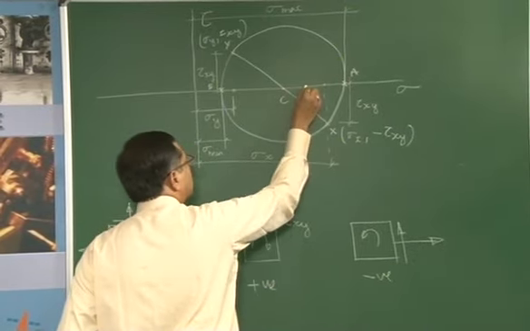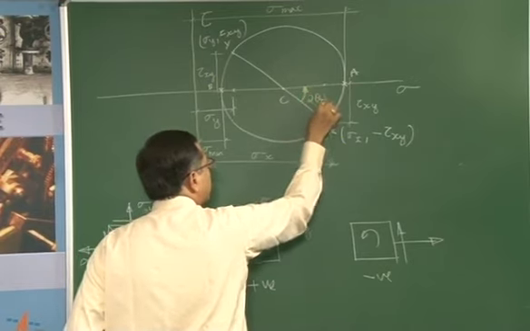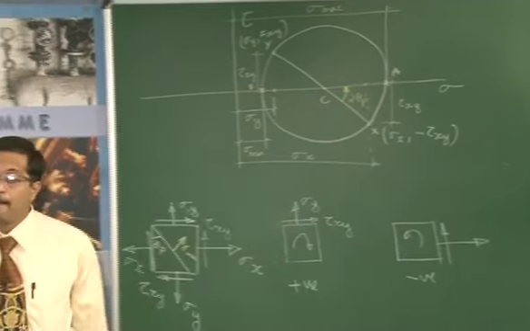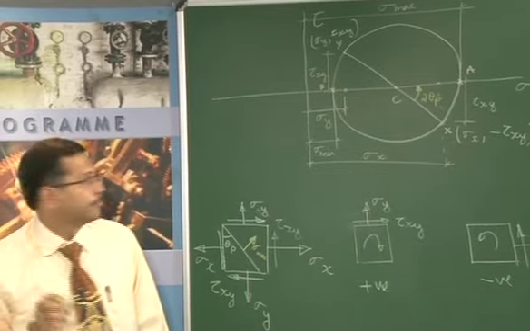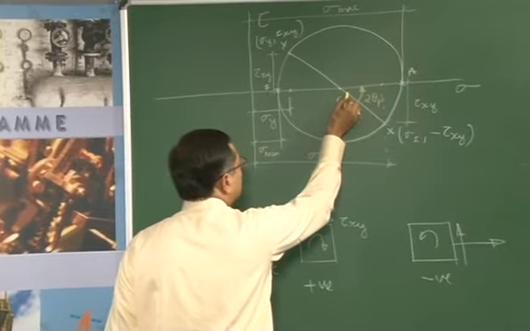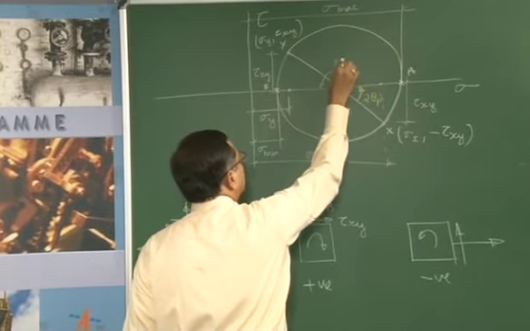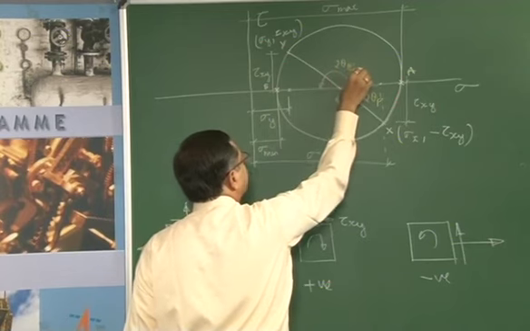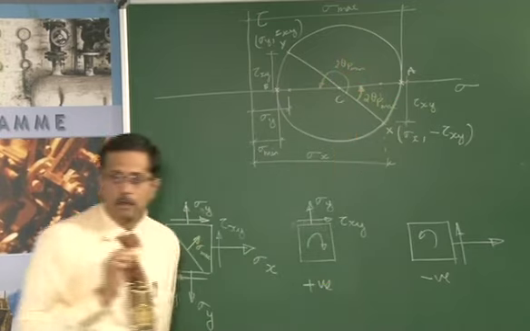So, we measure this angle, which we would get as 2 theta p. 2 theta p corresponds to the maximum principal plane. And if I measure this from here, this corresponds to 2 theta p minimum. This is the maximum plane and this is the minimum plane.